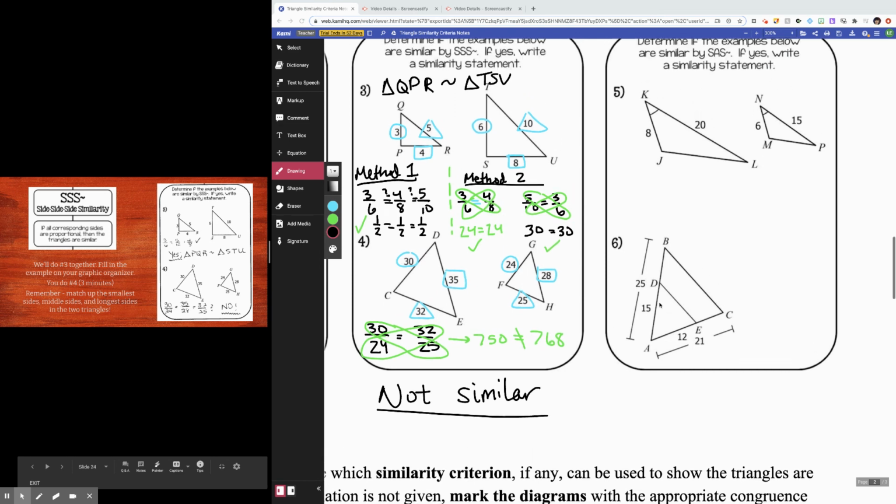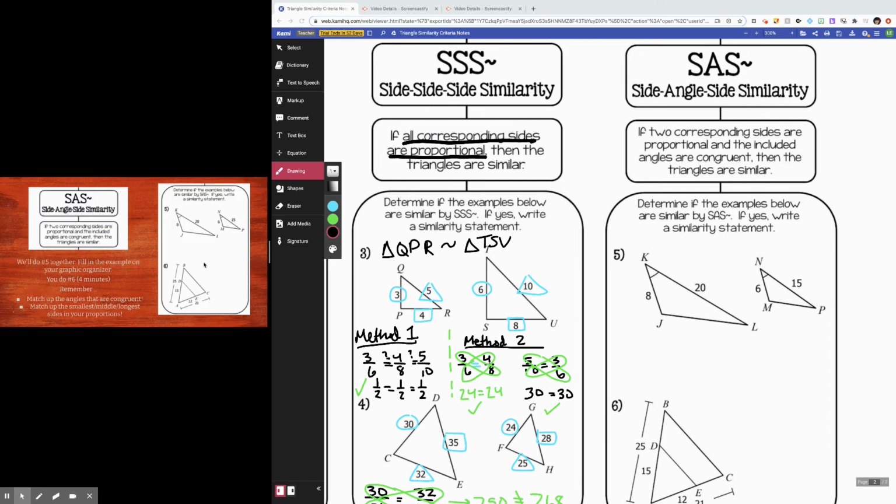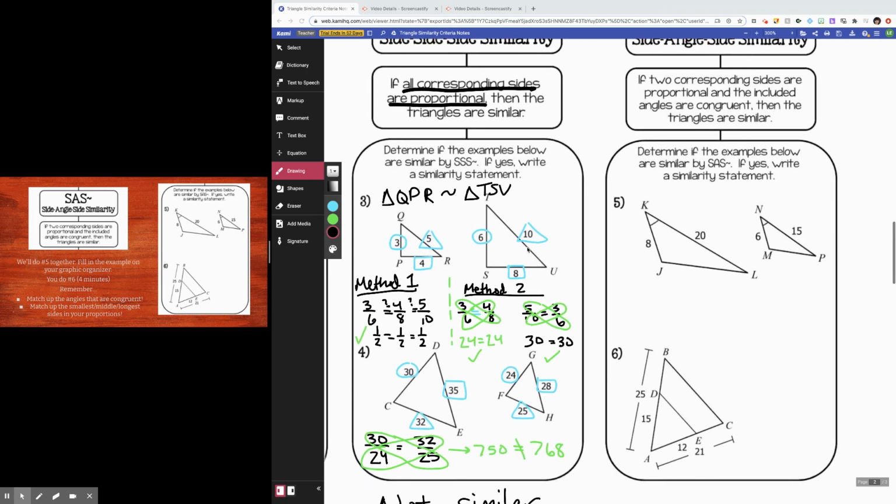All right, so let's take a look quickly at SAS similarity. So this is like a combination of the other two. You have to have one set of congruent angles and then two sets of corresponding sides that are proportional, making sure that the angle is stuck between the two sides. So you have to check the congruent angles.